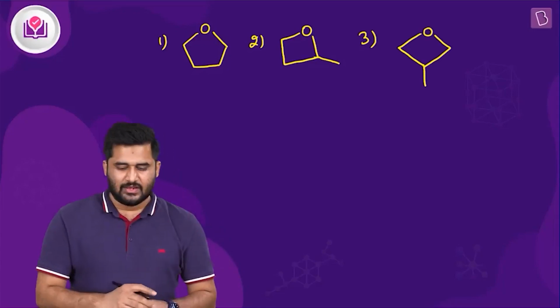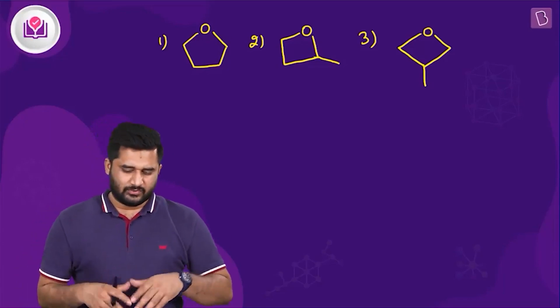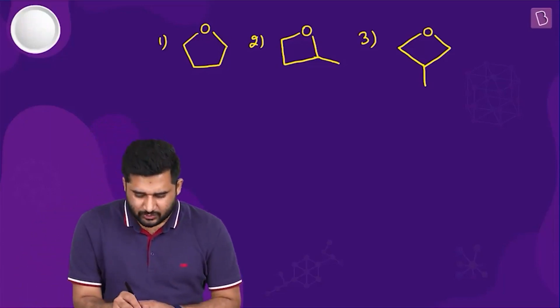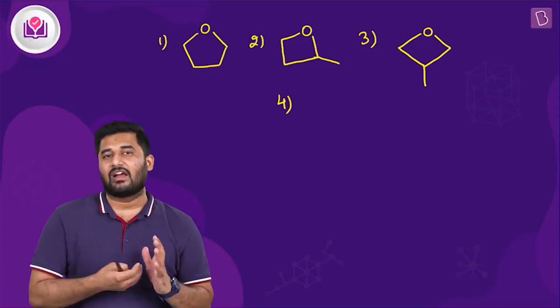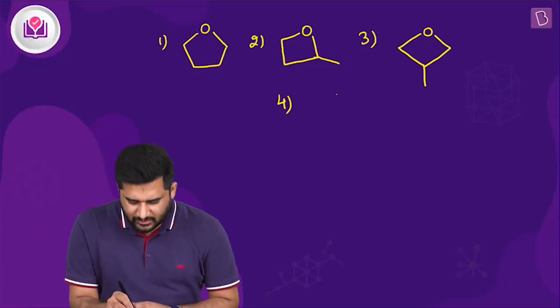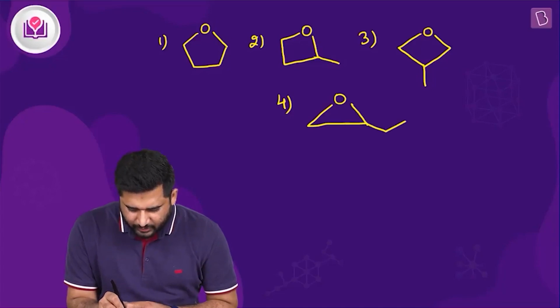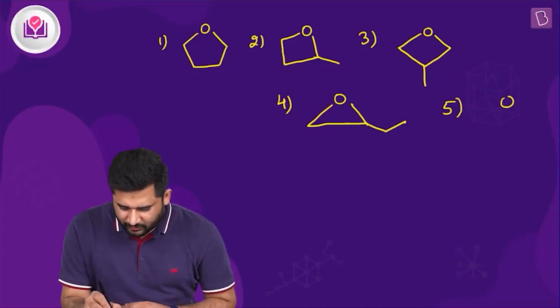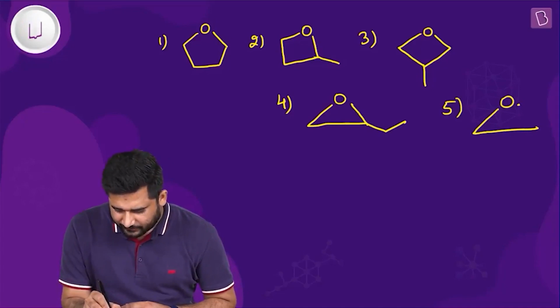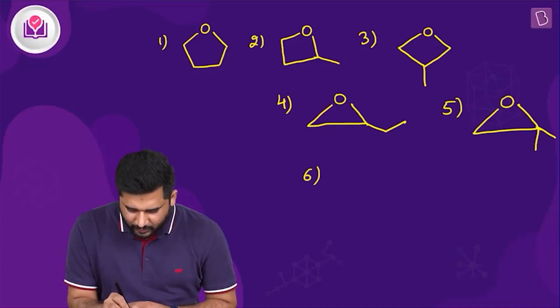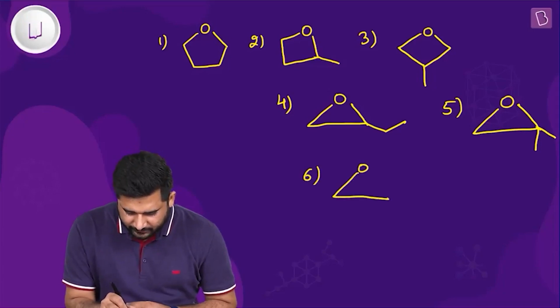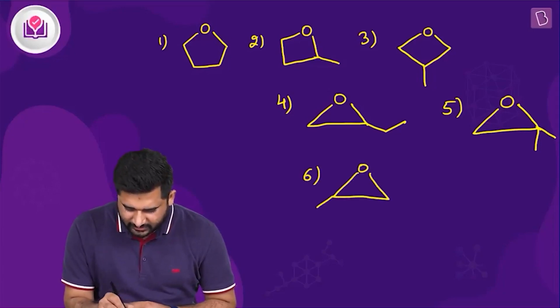All right, so now you can see this is done, and now we have to go to the fourth case, wherein we have 3-membered rings. Clear? So now you can see in 3-membered rings we have this possibility. Then the other possibility that we can have is this one. The sixth possibility is this one.